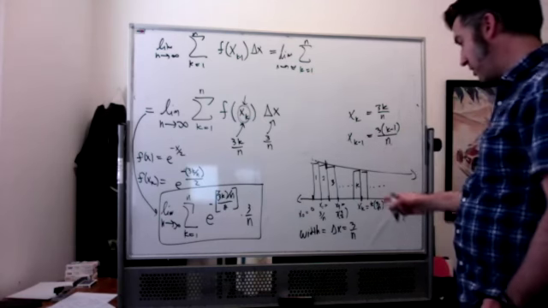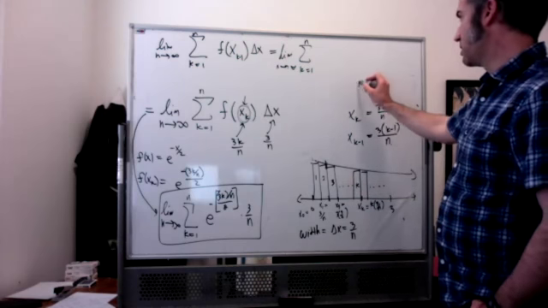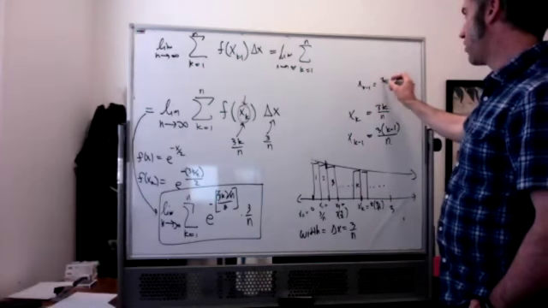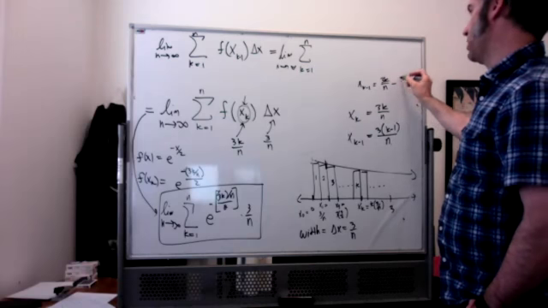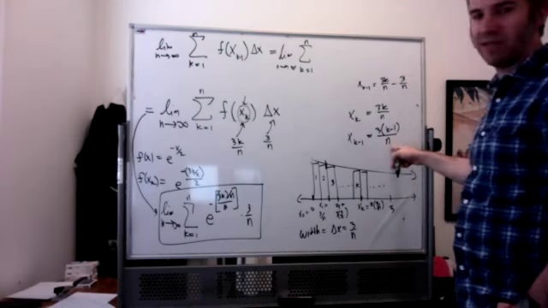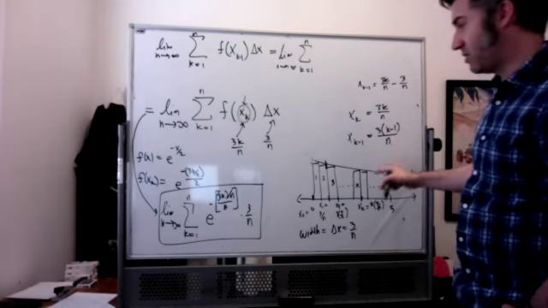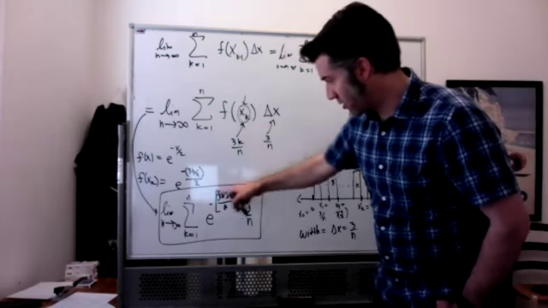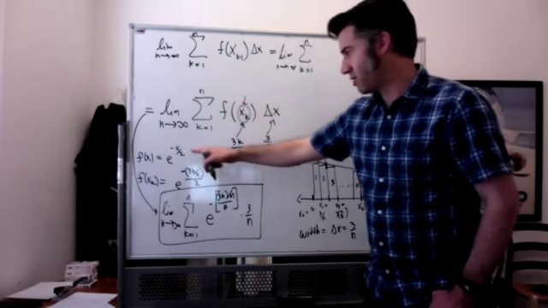Or if you prefer, you're just going back one. So it's 3k over n minus 3 over n. Same as that, just written differently. So that's what's going to go in for your x, right there.